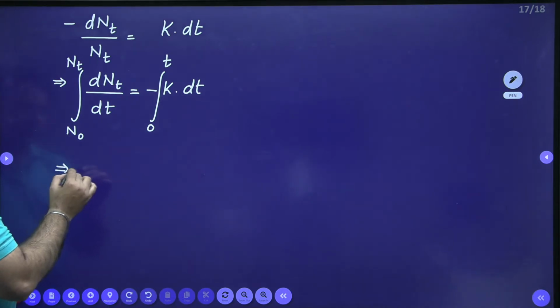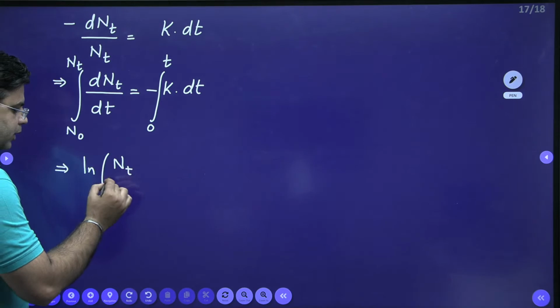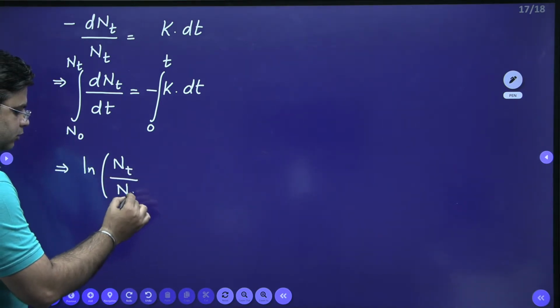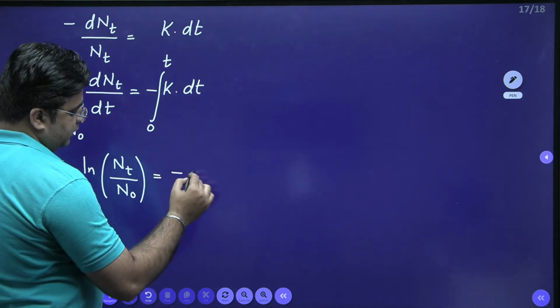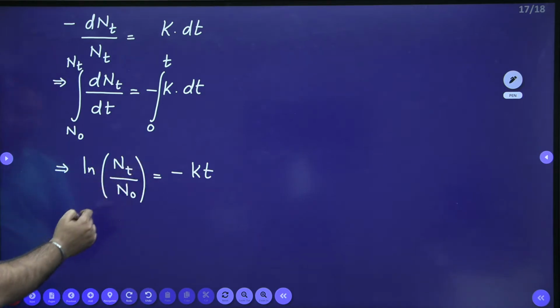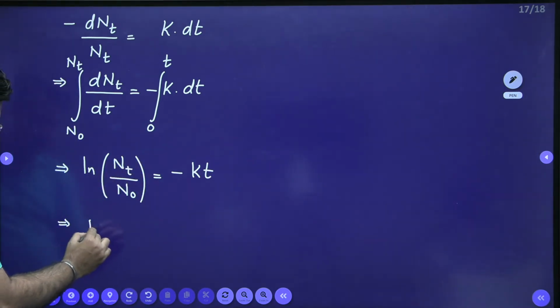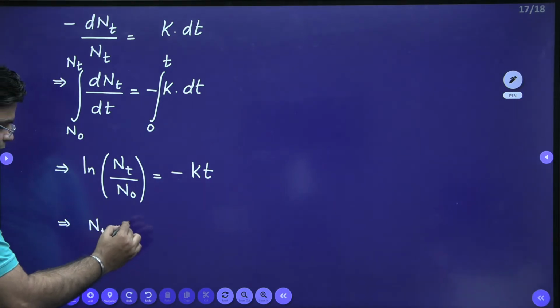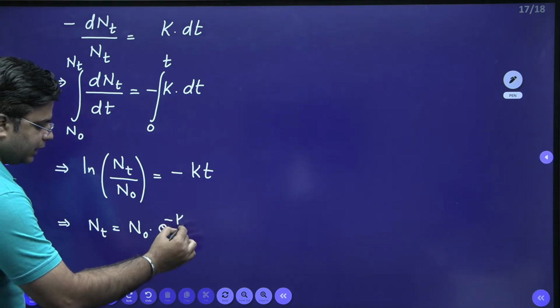You have natural log of Nt by N naught is equal to minus k into t. Just rearrange this, take the antilog. So you have Nt is equal to N naught into e raised to power minus k into t.